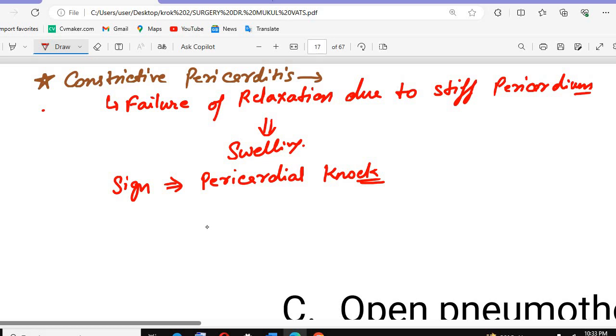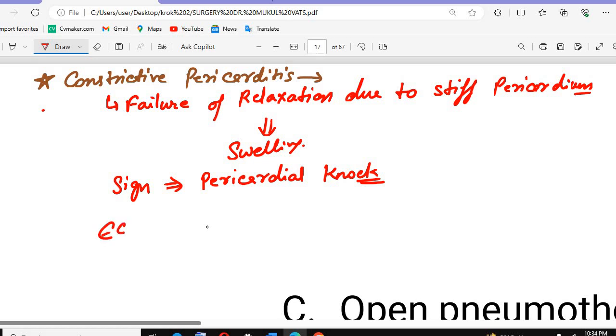They will knock. They want to relax, so for the relaxation they want to open their area, but this area is constricted. So the ventricle walls will come out and strike and say knock. That will be the pericardial knock. The ventricles knock on the stiff pericardium, and that's why we call this sign the pericardial knock.